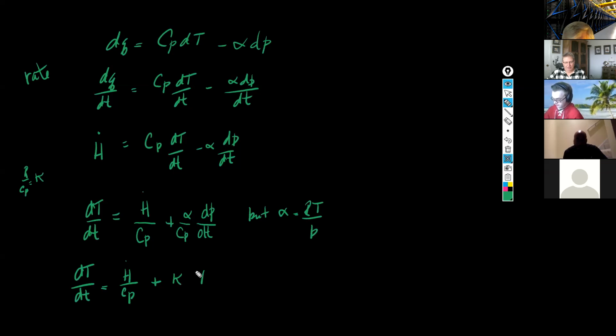And then I will have T over p times dp/dt. But what's dp/dt? That's omega.